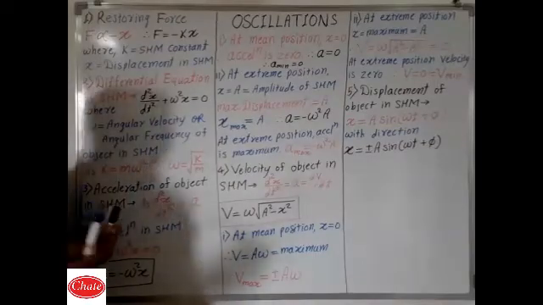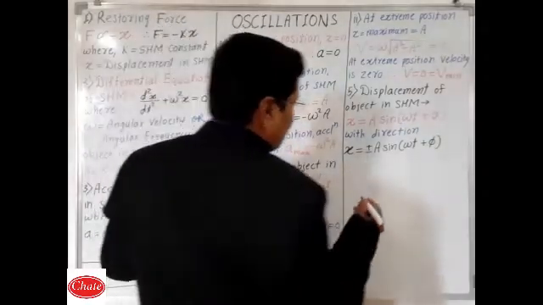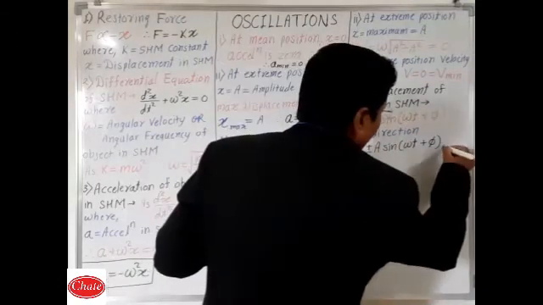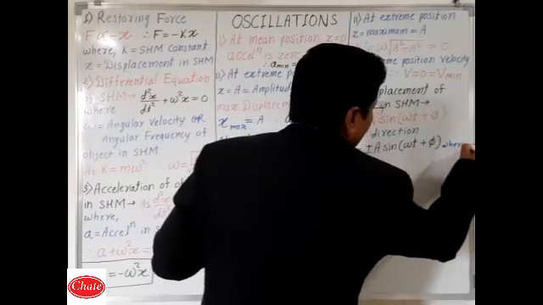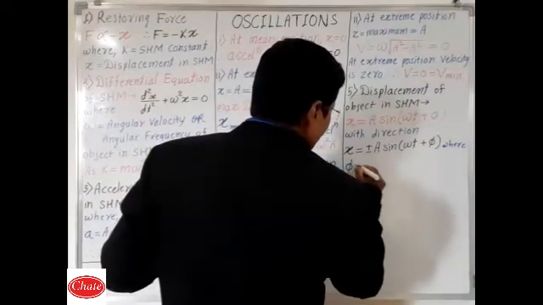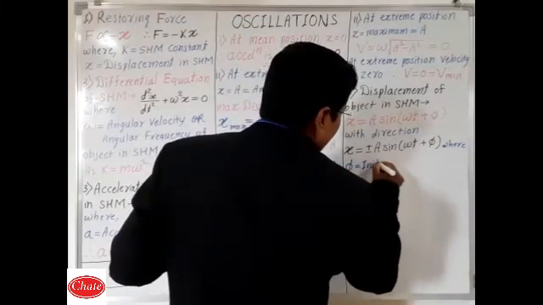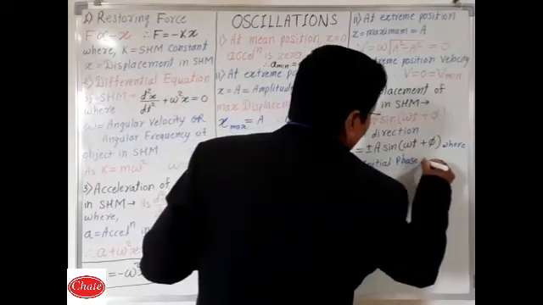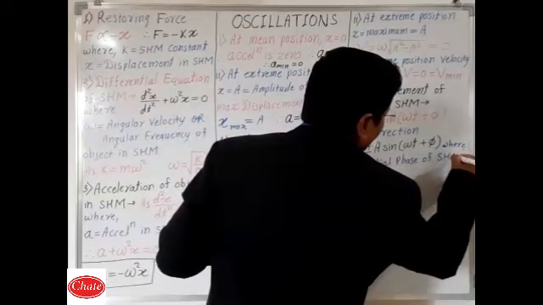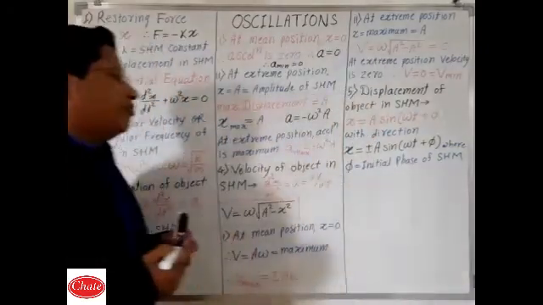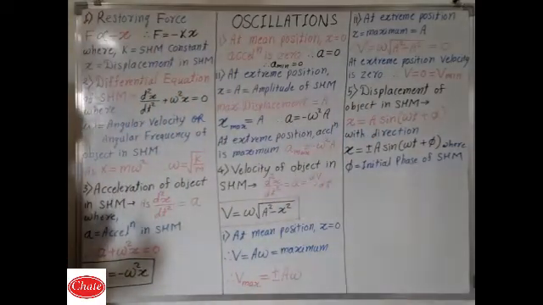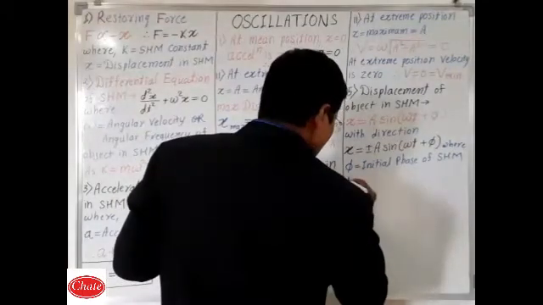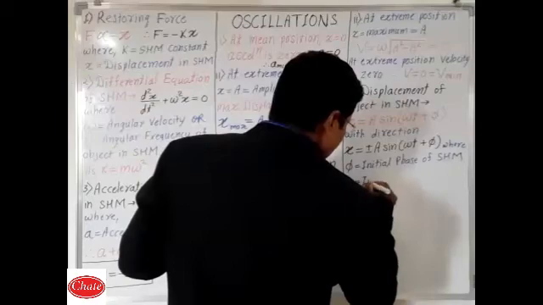Where phi is what? Initial phase of SHM. ठीक है. आणि small t काय? What is the small t? Small t is instantaneous time.